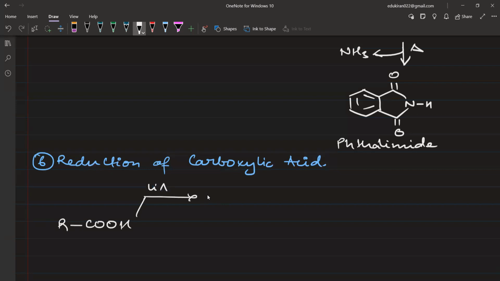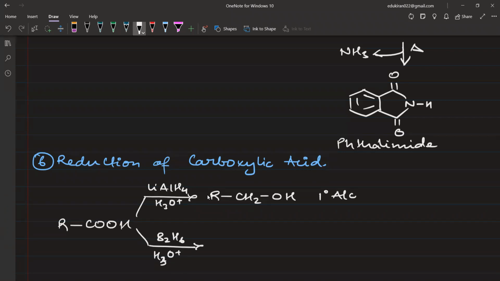One is lithium aluminium hydride, and reducing with this is going to give you alcohol, 1 degree alcohol, RCH2OH. After LiAlH4, you need to do acidic hydrolysis, H3O plus. Similarly, you have B2H6 diborane, and then the second step is H3O plus. Here also you will get alcohol, RCH2OH. That is 1 degree alcohol.